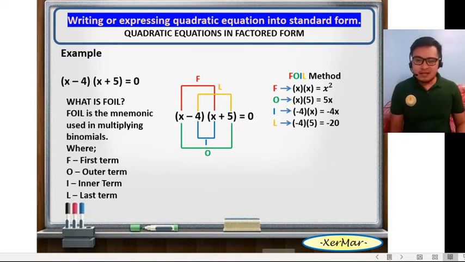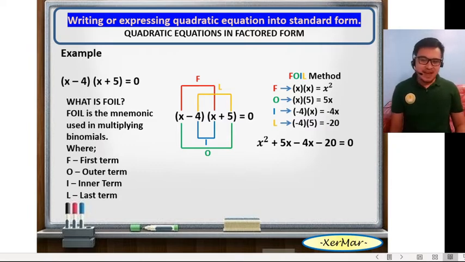Now we set up an equation using the terms x squared, 5x, negative 4x, and negative 20. So we have x squared plus 5x minus 4x minus 20 equals 0.